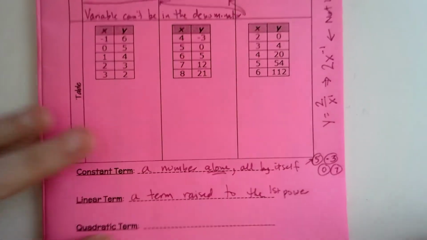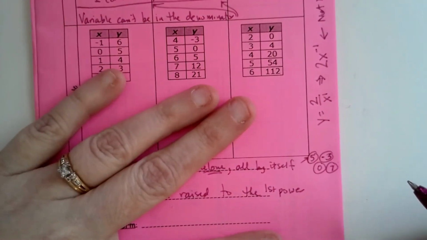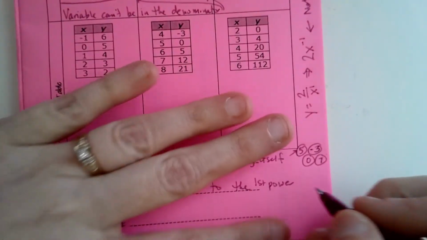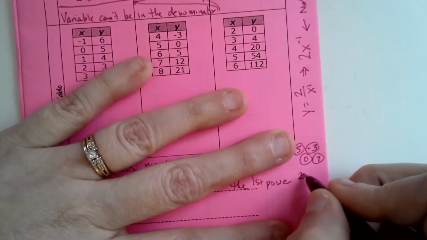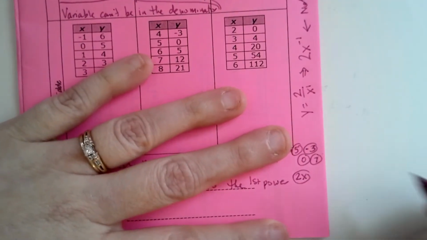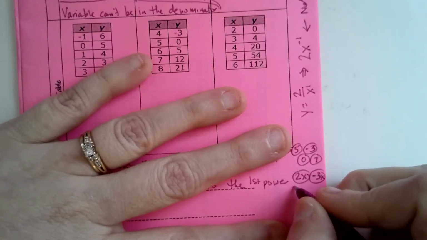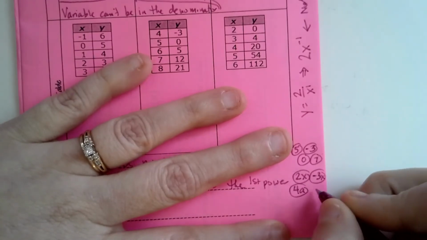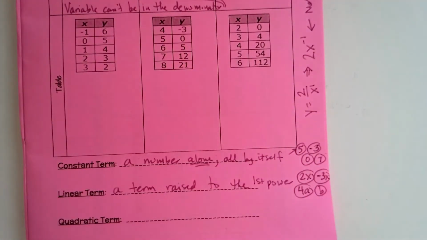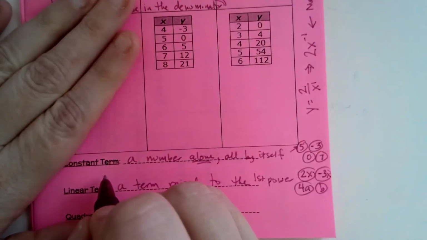Some examples of that would be 2x, that's a linear term. Negative 3x, that's a linear term. A, B, those are all linear terms because they are terms that are raised to the first power.